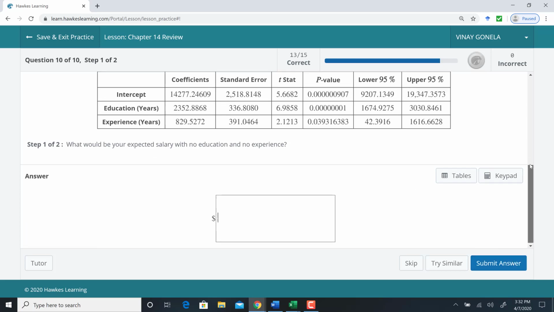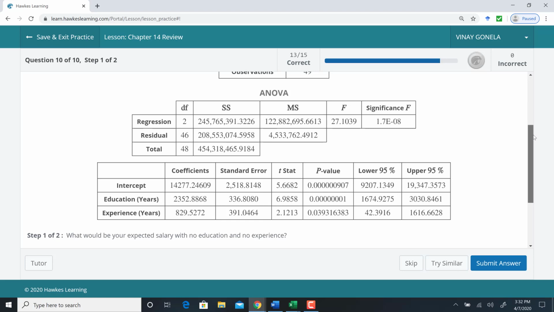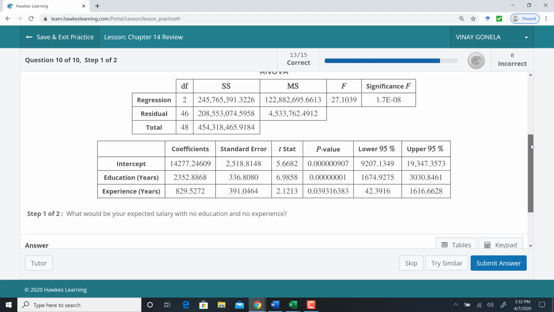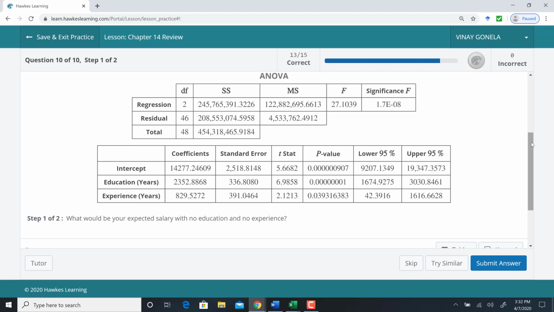So now they are asking you to take this same equation and look at what would be your expected salary with no education and no experience. So as you see, our formula, I can copy this again.